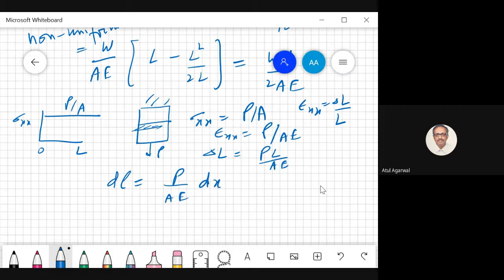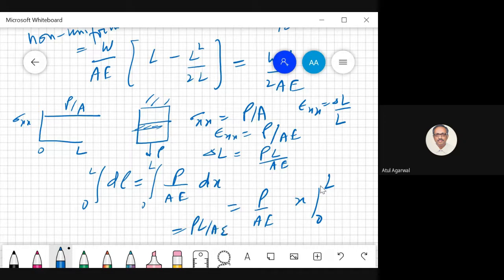But if you integrate, since this is a constant P by AE, you just get x from 0 to L, so you get PL by AE. So in the case of a uniform stress, you see your stretch is this. In case of a non-uniform stress, you see your stretch comes to be this.